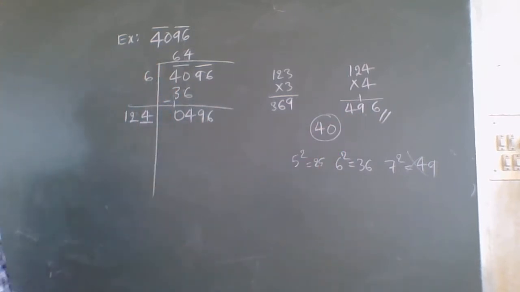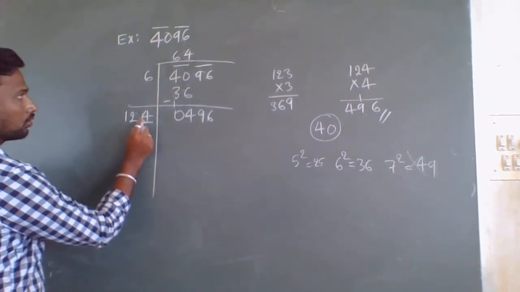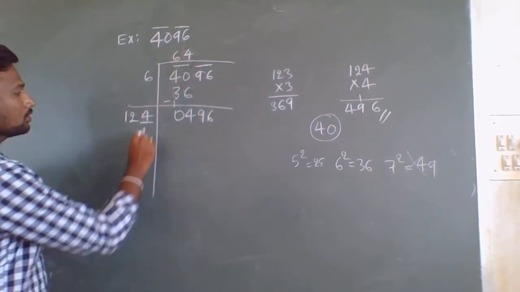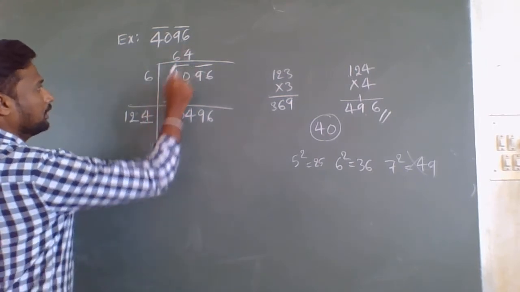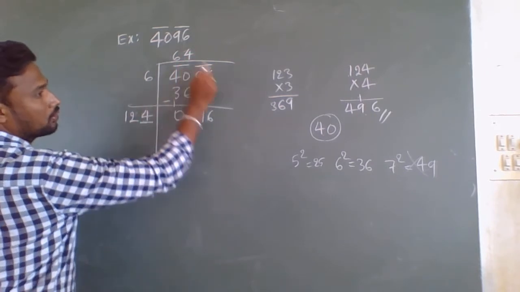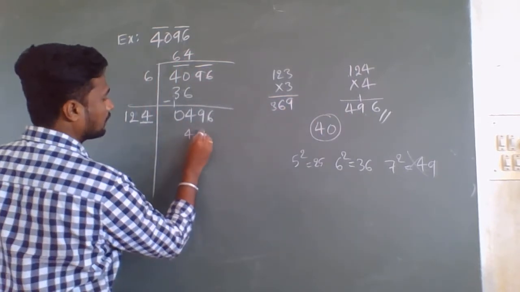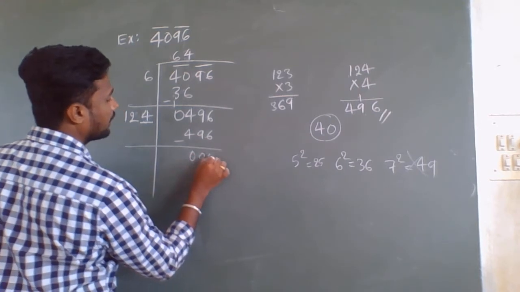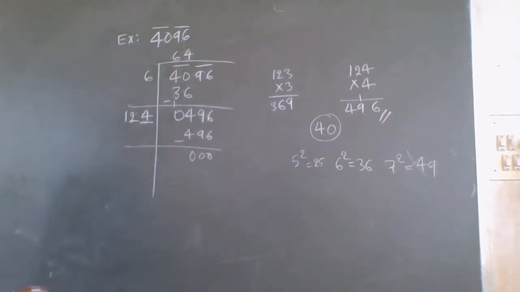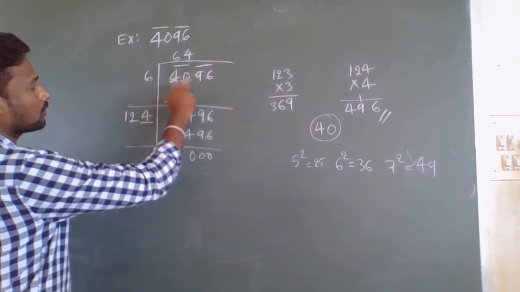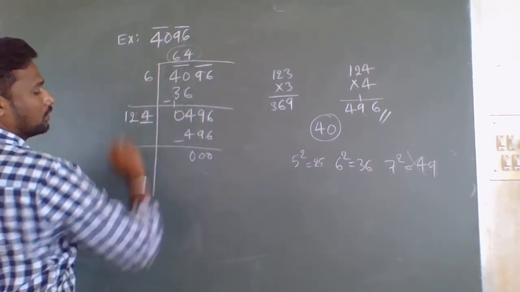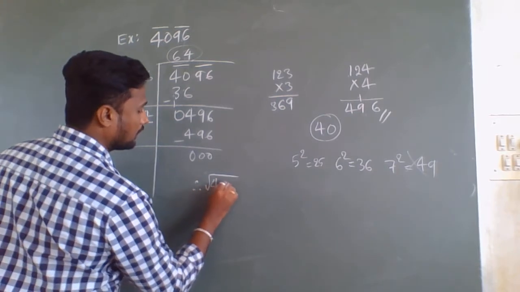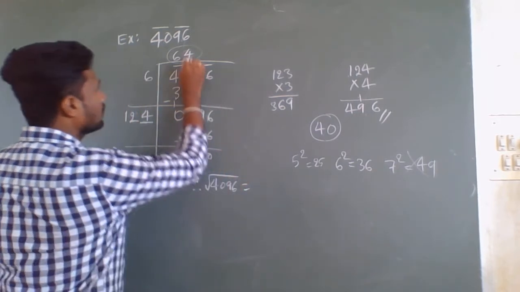So here I will write 4 only, because these two values will be same. So 124 into 4 means 496. So when you subtract 496 minus 496, what you will get? 0. So what is the square root of 4096? 64 is the answer. Therefore, square root of 4096 equals to 64.